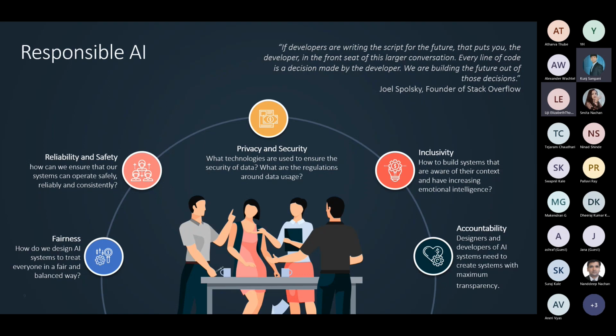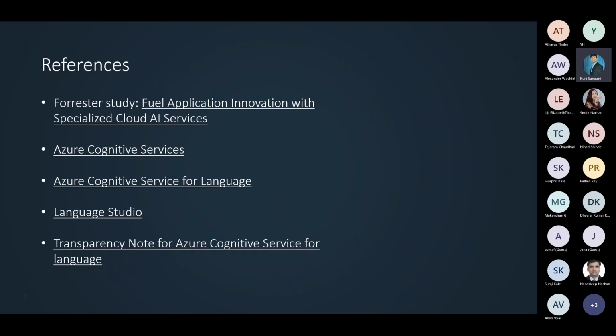I think the call to action for us here is to keep in mind these responsible AI principles as we build intelligent apps and agents ourselves. When we use these AI services and build virtual assistants and applications and command centers and whatnot, it's important that we also, on our part, follow these principles of responsible AI.